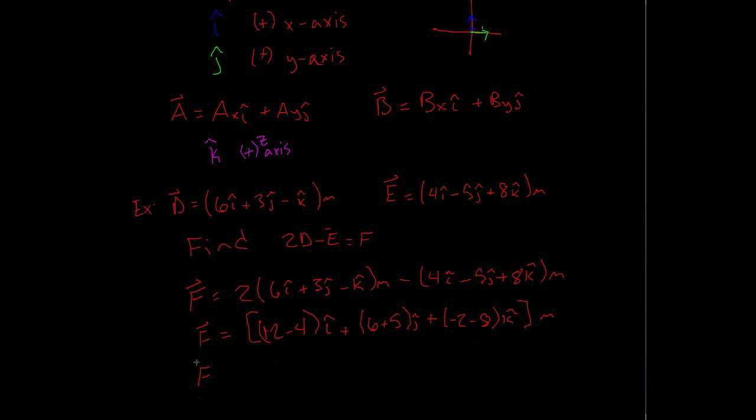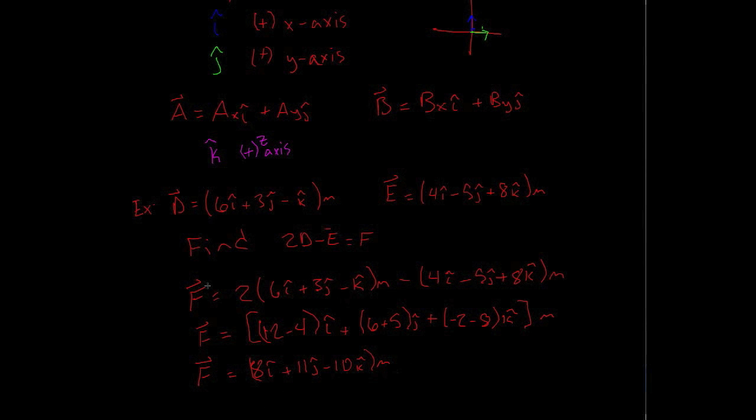So F is given as 8I plus 6 plus 5 gives us 11J, and then minus 10K meters.